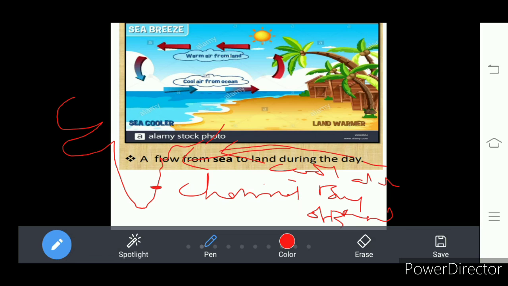Here Chennai is near to the water body, that is the Bay of Bengal, so it records a very low temperature compared to Delhi.